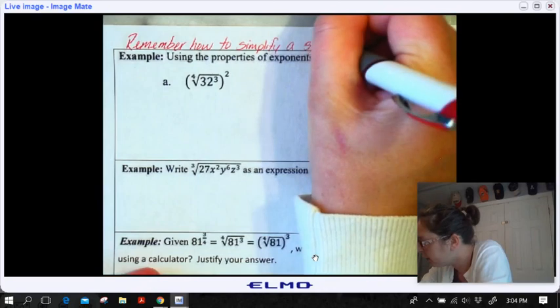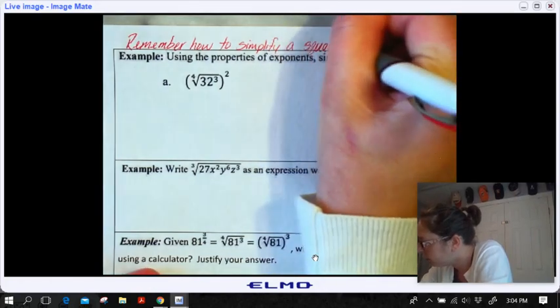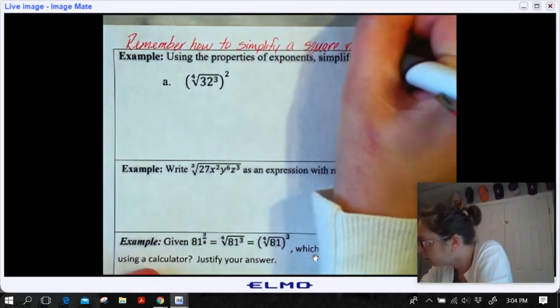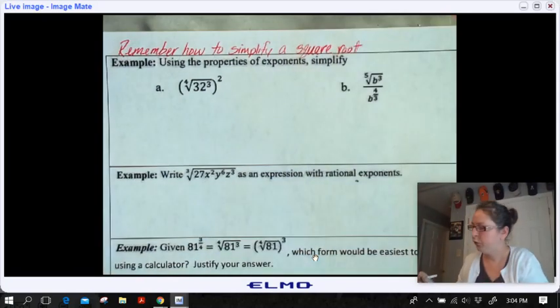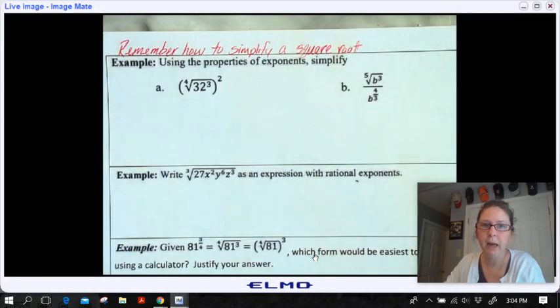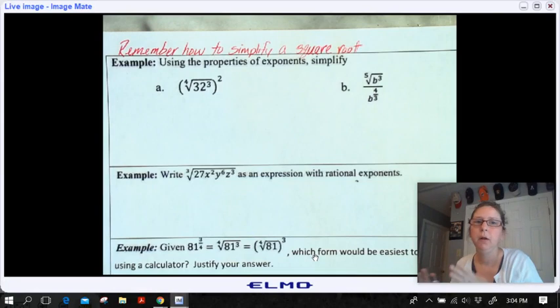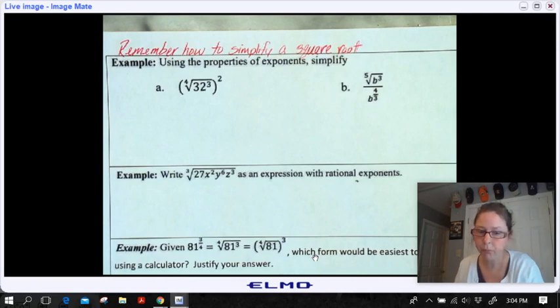My pen started to die on me. Okay, so we're going to look at that in example A just to kind of help you remember. The reason I can simplify example A all the way down till I have a single answer is because it's all numbers, okay?